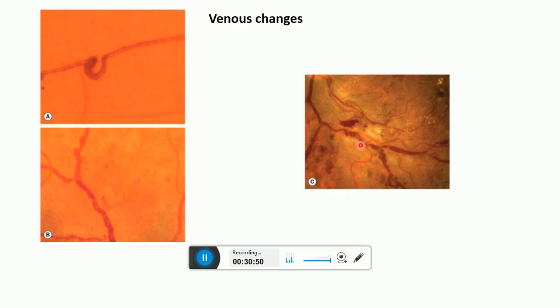The extent of the retinal area exhibiting venous changes correlates well with the likelihood of developing proliferative disease. So these are the venous changes: looping, beading, and segmentation.